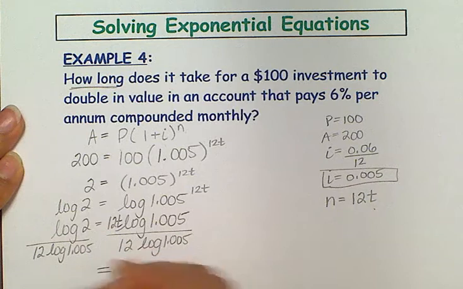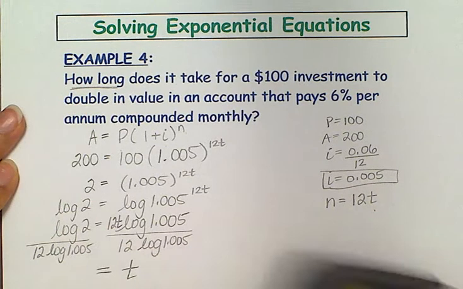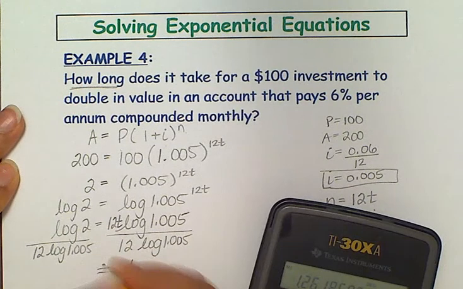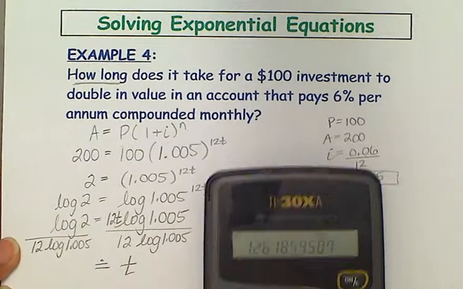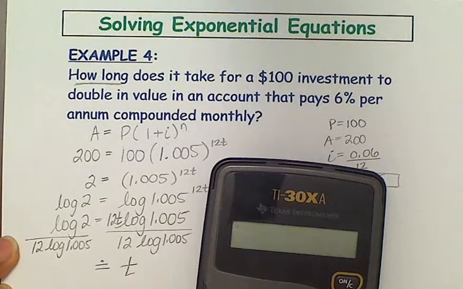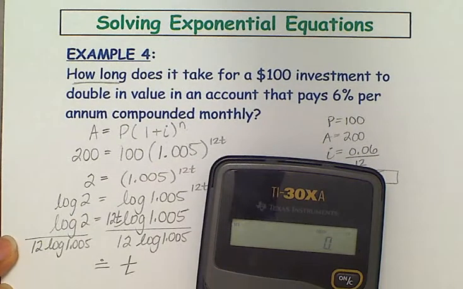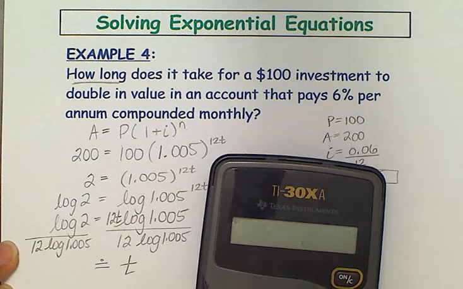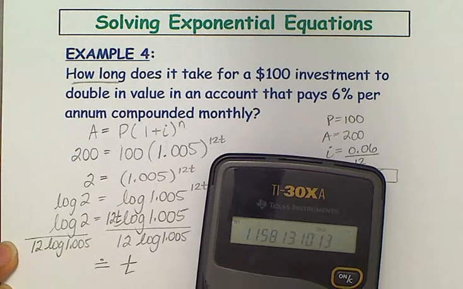And I get t is approximately equal to, since I'm looking for a time value, I can solve for an approximate answer instead of leaving it as an exact answer. So the log of 2 divided by brackets 12 times log 1.005, and I get an answer of about 11.6.